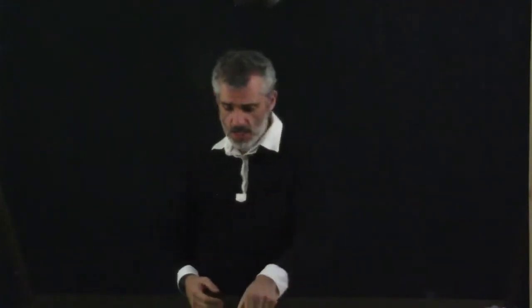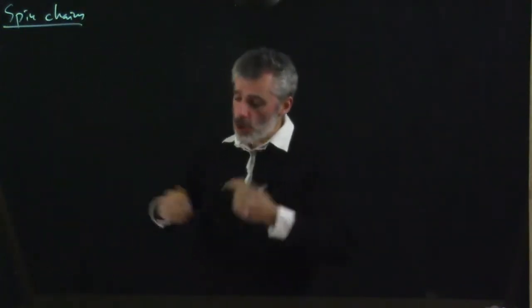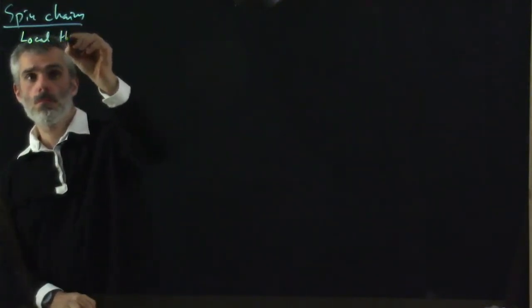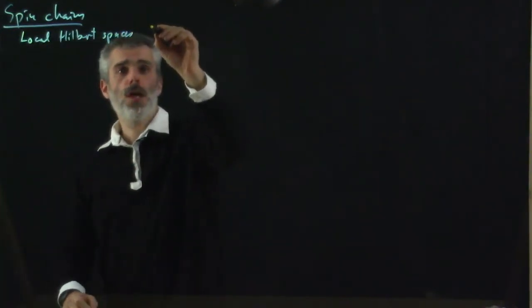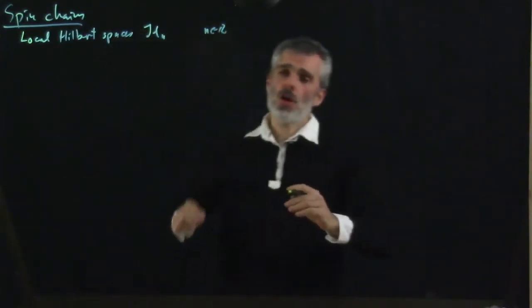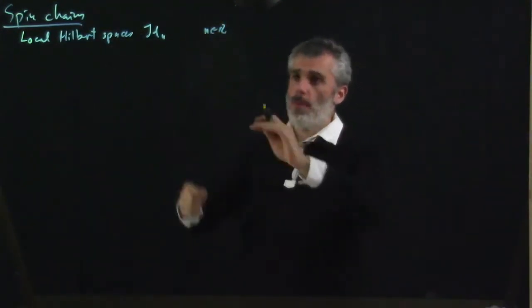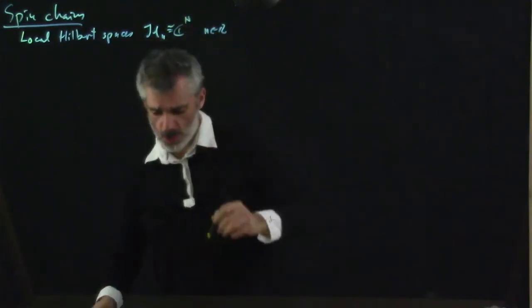So, spin chains. Spin chains consist, first and foremost, of a choice of local Hilbert spaces, and there's one for every integer, or possibly integer mod some number if you want to have only finitely many of them, if you want to put the chain on a circle, and that should be some finite dimensional Hilbert space here.